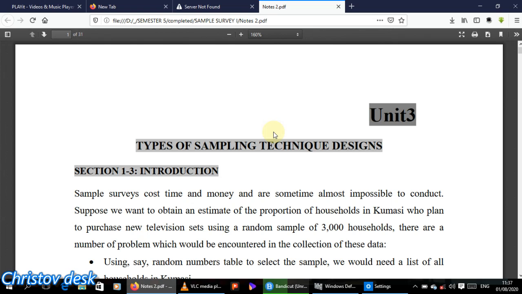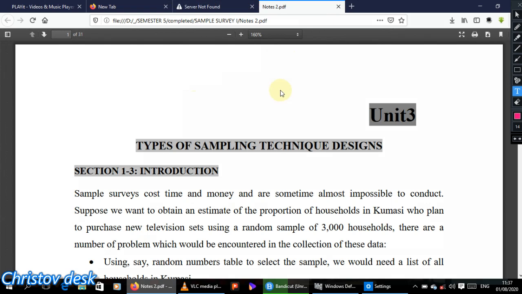So in the previous videos we've talked about the various errors that will occur when you are trying to do a sample survey. Just the fact that you are doing a survey, there is that error that you are going to encounter. And then we mentioned that there are two errors.